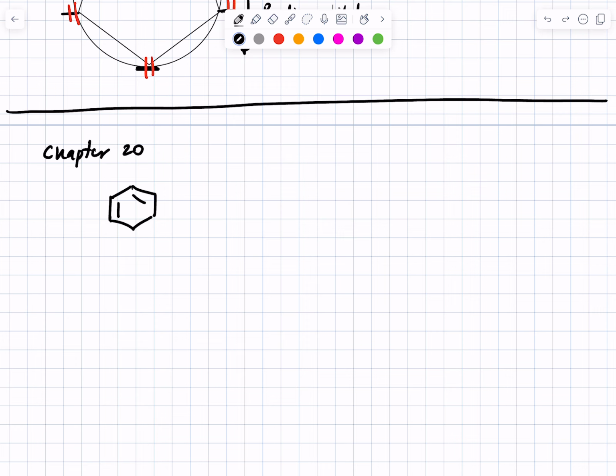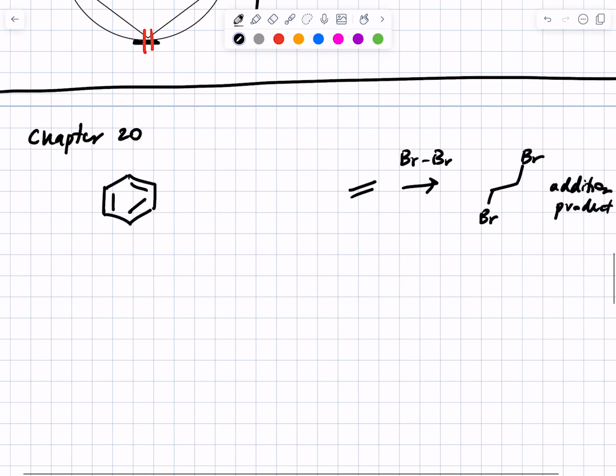Told you, for example, if you take an alkene and you add bromine as an electrophile, you do an addition reaction and you get the 1,2 vicinal dibromide, and this is an addition product. And in that addition product, the pi bond is gone, right? In fact, you've lost the carbon-carbon pi bond and the bromine-bromine sigma bond.